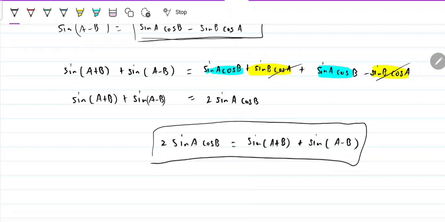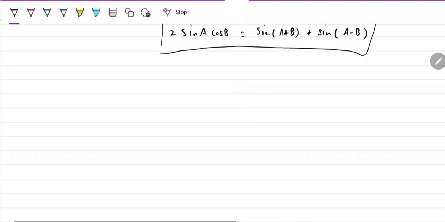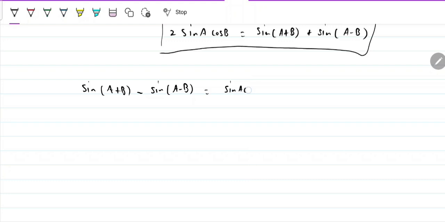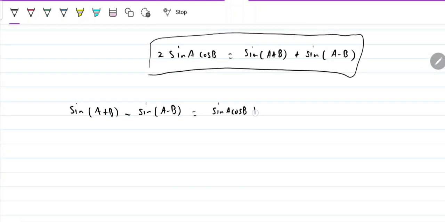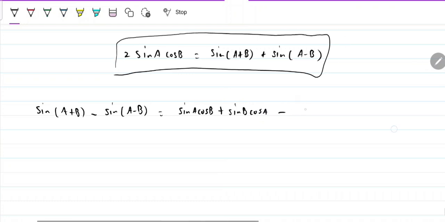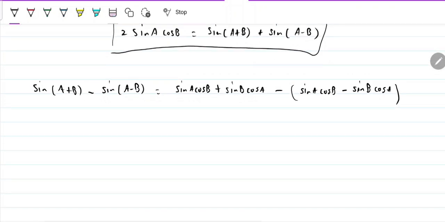Instead of adding sine A plus B and sine A minus B, what if we subtracted them? What is sine of A plus B minus the sine of A minus B going to be equal to? Well, that's going to be equal to sine A cos B plus sine B cos A minus into sine A cos B minus sine B cos A. Right?